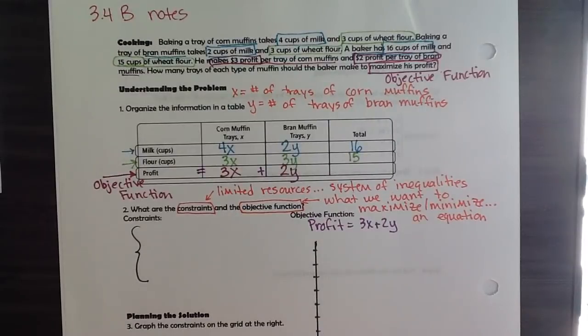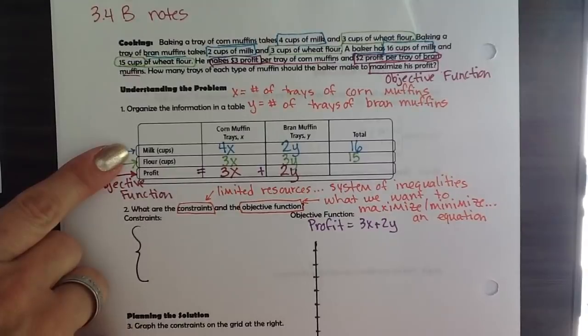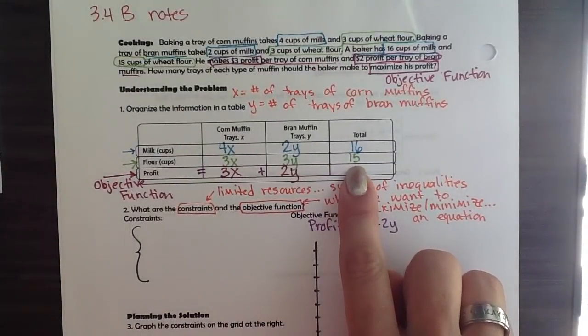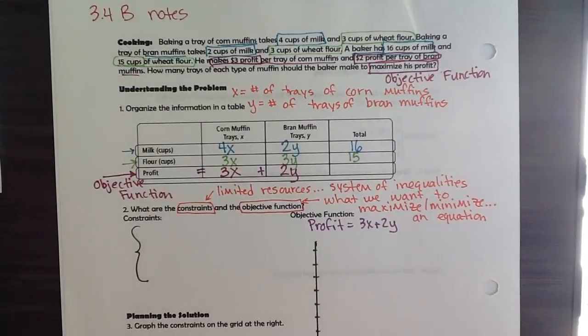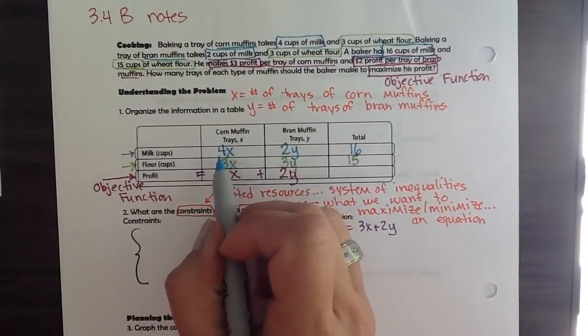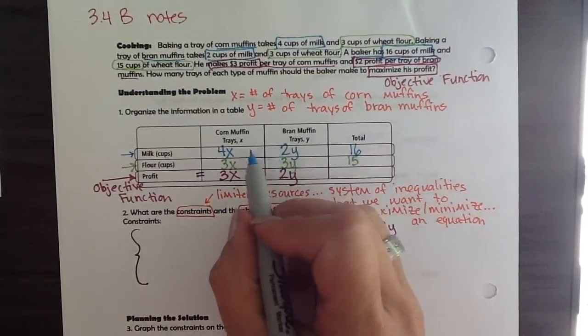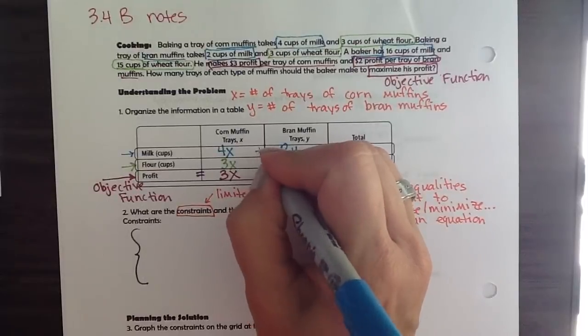Now my constraints are going to be related to the limited resources. So in this case, the baker only has 16 cups of milk and 15 cups of flour to use in baking. Now with regard to the milk, he's going to use some for corn muffins and some for bran muffins, which means I'm going to need to add those together.